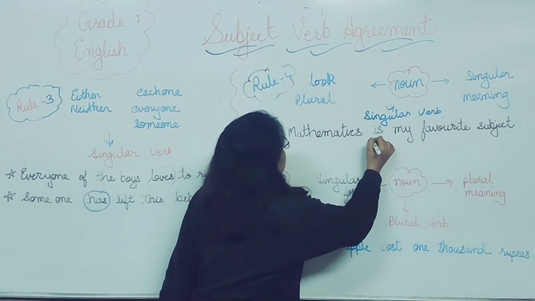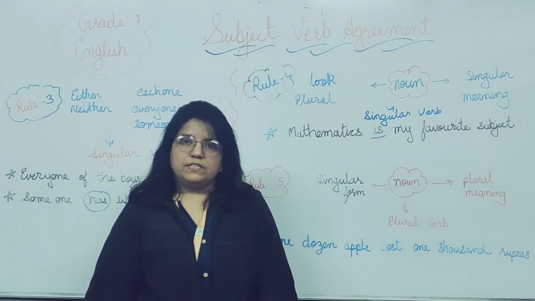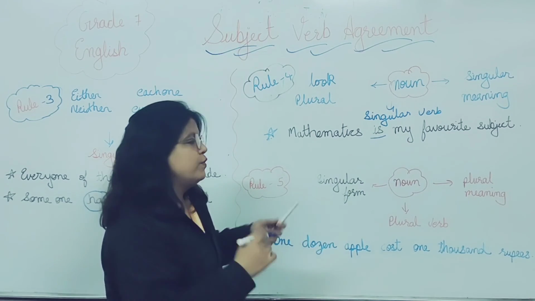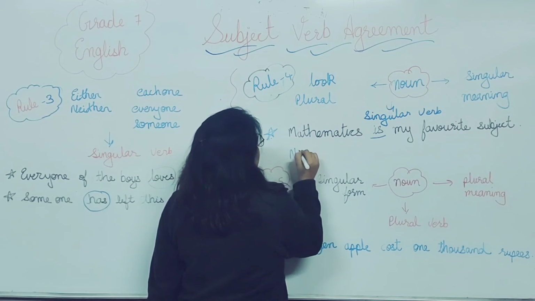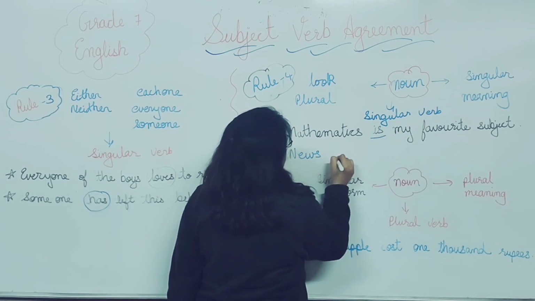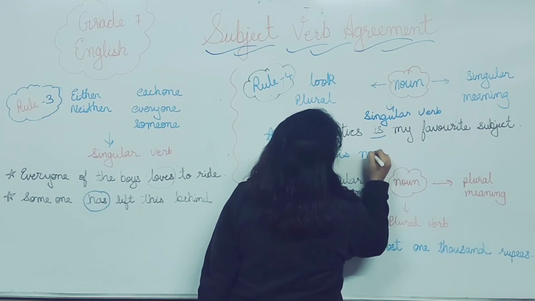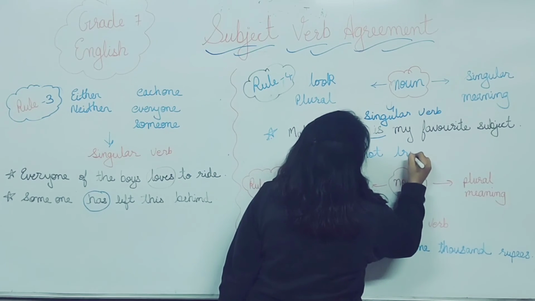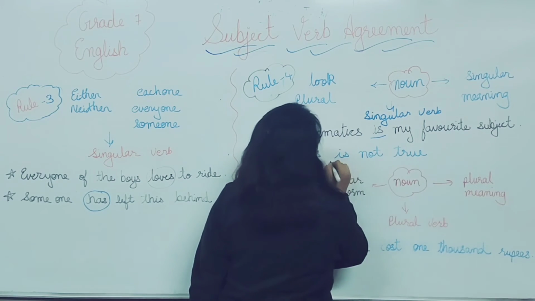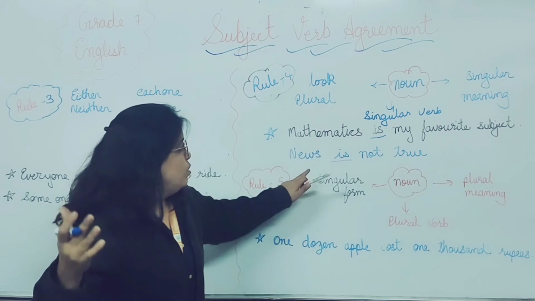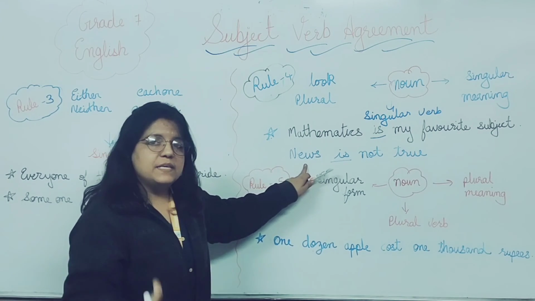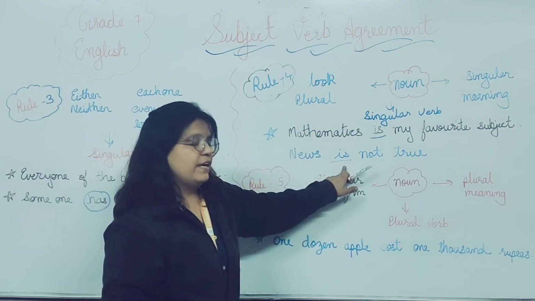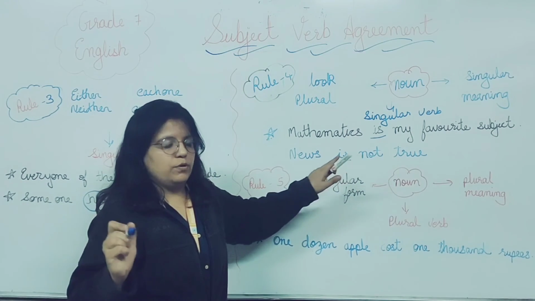Now mathematics is my favorite subject, but we have used a singular verb. We can also say news is not true. News. Here again news looks like plural but it has a singular meaning. So that's why we have taken a singular verb.